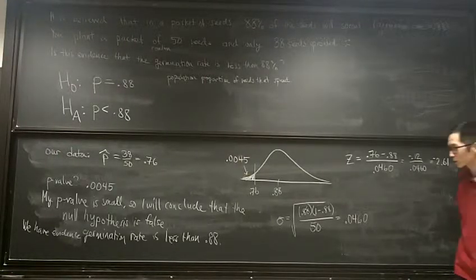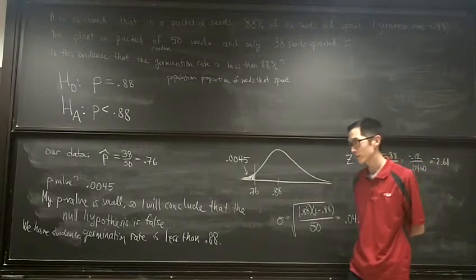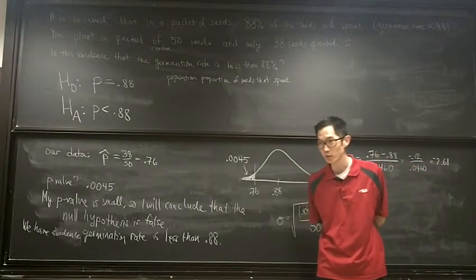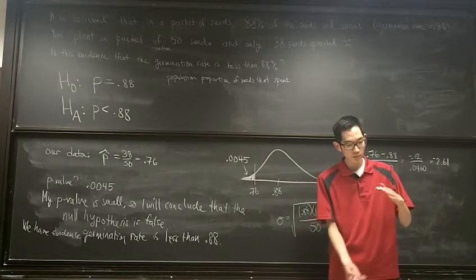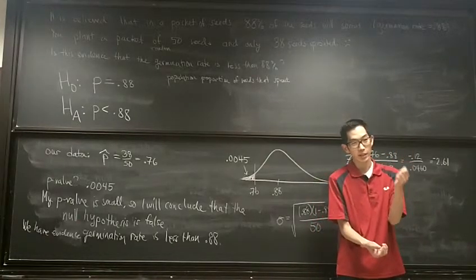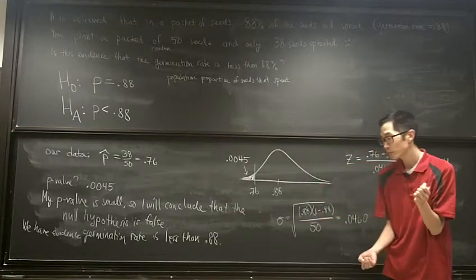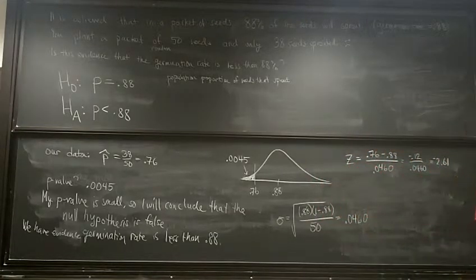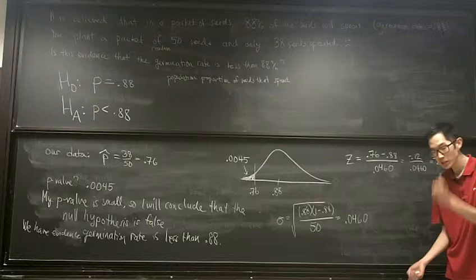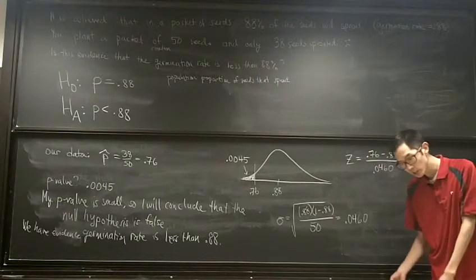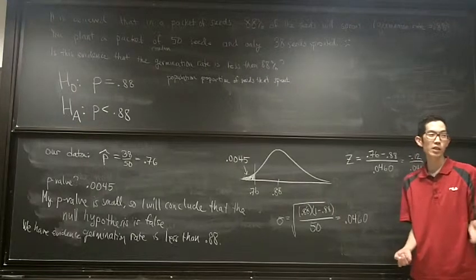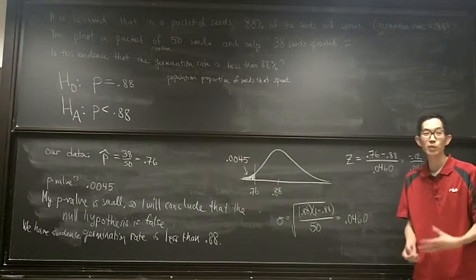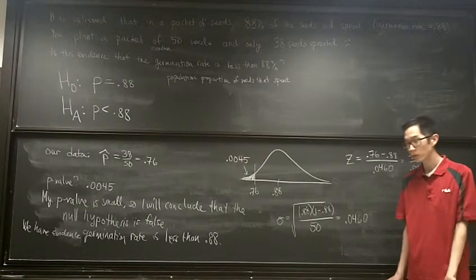Because the truth is, the hypothesis is either true or it's false, okay? Just like if I flip a coin, before I flip it, I can ask you, what's the probability that it lands on heads? And the answer is 0.5. But once I flipped it and it has landed, it is no longer correct for me to ask what's the probability, because there's no more uncertainty about the coin flip.